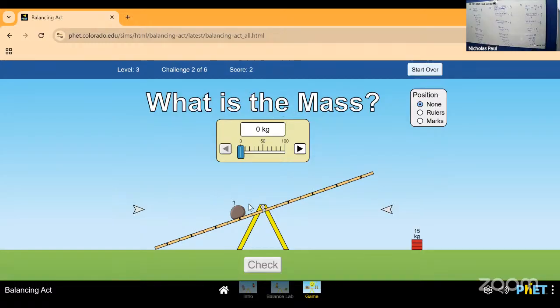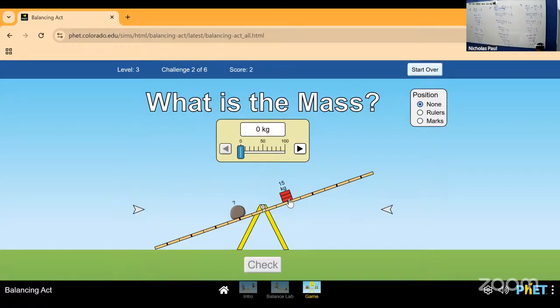I like this one. Here's what it's doing now. We have to place 15 at certain points to help us figure out what the mass is, right? So which one is heavier, the rock or the bricks? You didn't check. Okay.